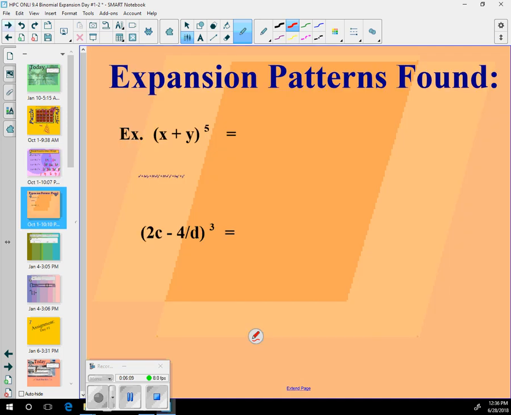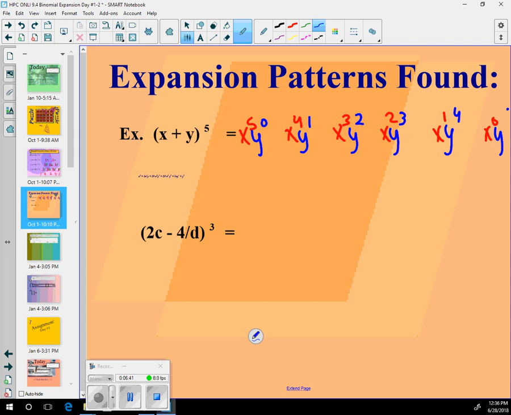This method is how we're going to expand binomials with what I call a pattern expansion. So x plus y to the fifth. The way I like to do this is a descending x: x to the fourth, x to the third, x to the second, x to the first, x to the 0. Then do an ascending y: y to the 0, y to the 1, y to the 2, y to the 3, y to the 4, y to the 5.